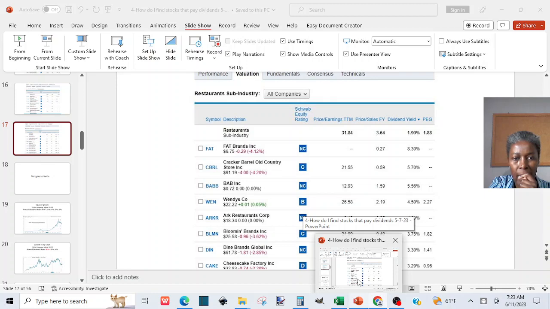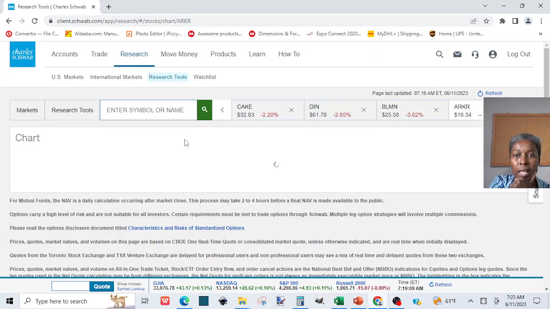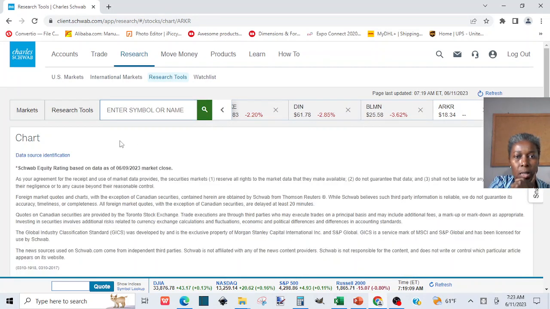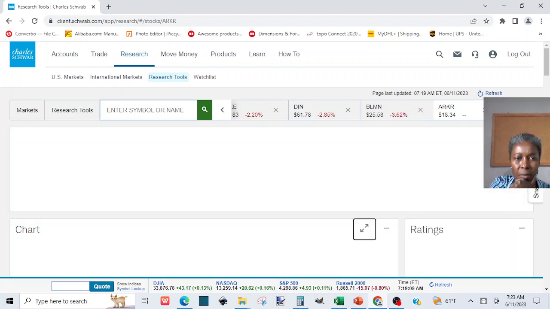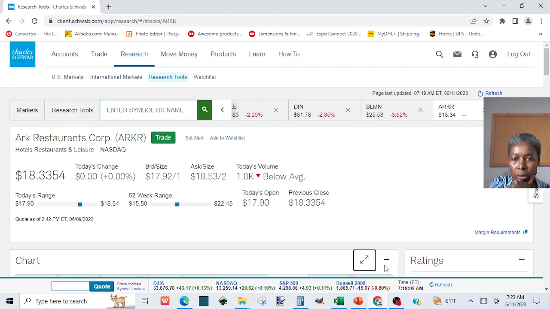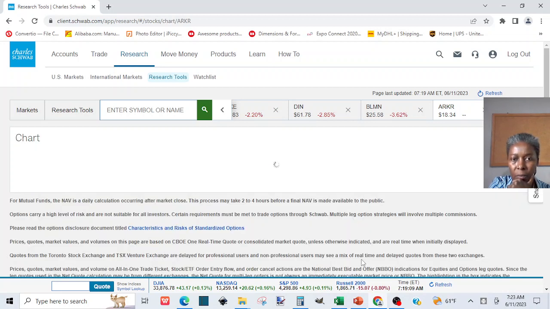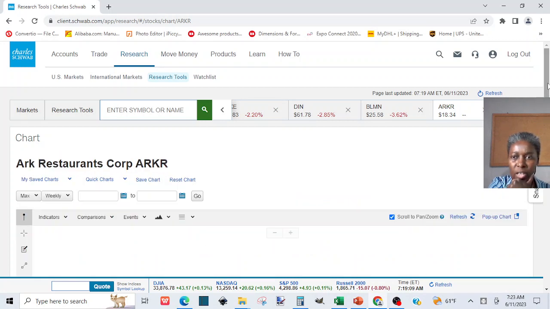The next one is ARKR. At this point, because I'm not sure what market they are selling on, I will have to get out of the chart to check the market. I know we eliminated one OTC, so I'm looking for that one so that I don't bother searching the chart for it.